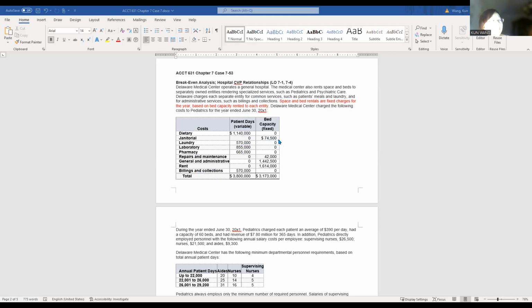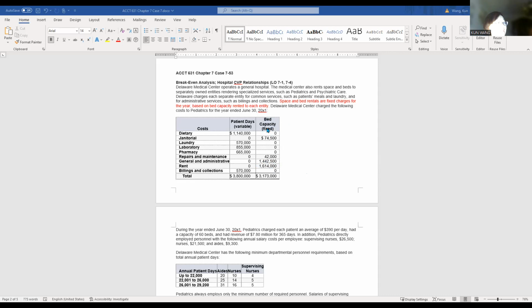And then we do have the fixed expenses related to the janitorial service, cleaning, and the facility level expenses. So repair, general admin, and especially the rent of the hospital bed, depending on the number of beds.